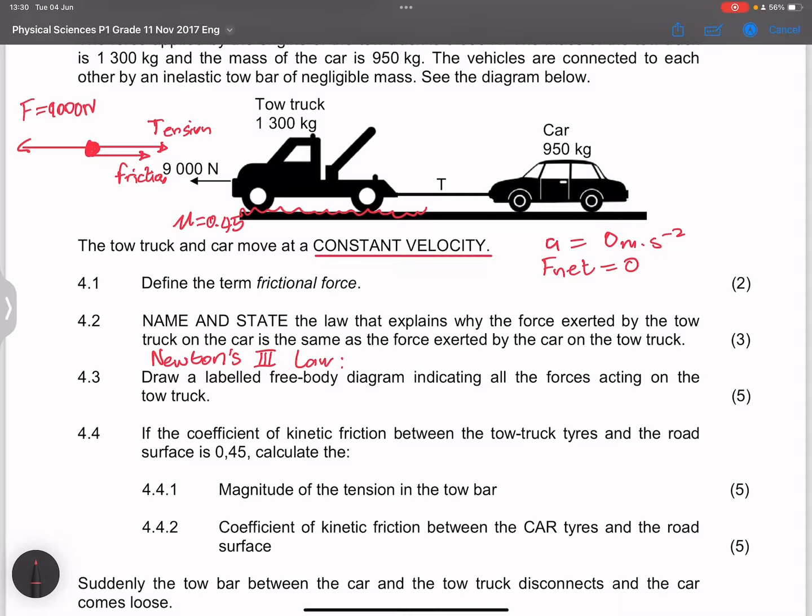But I can do so because I've got my coefficient, and I know that friction, please remember, is coefficient multiplied by the normal force. Now, because my forces are acting horizontally, it means that my normal force would be equal to the weight of the tow truck. So I hope that makes sense.